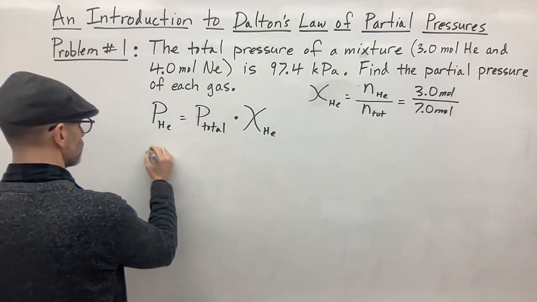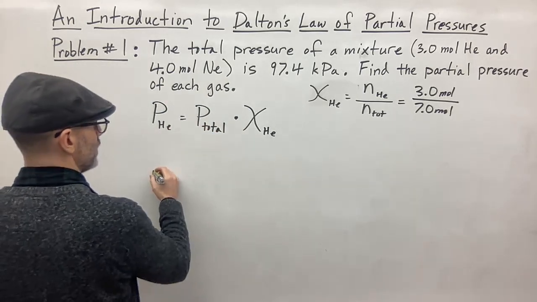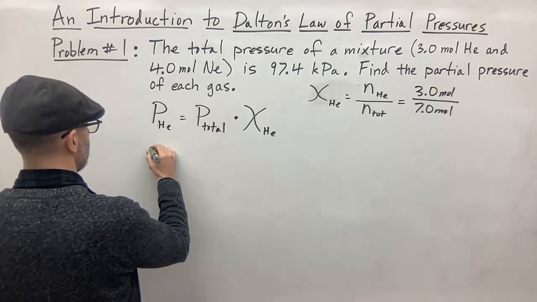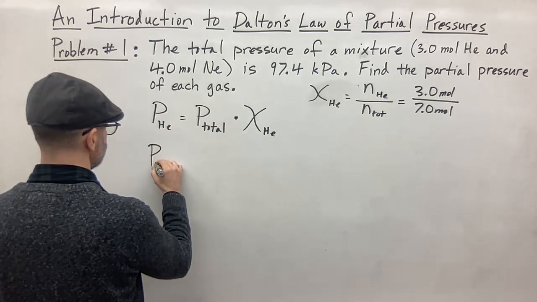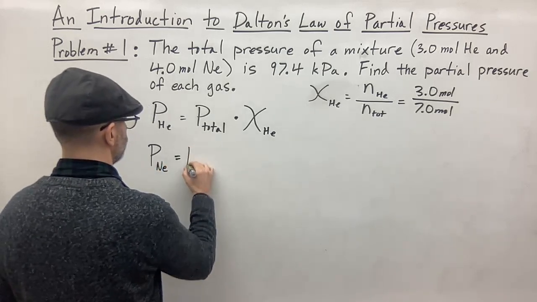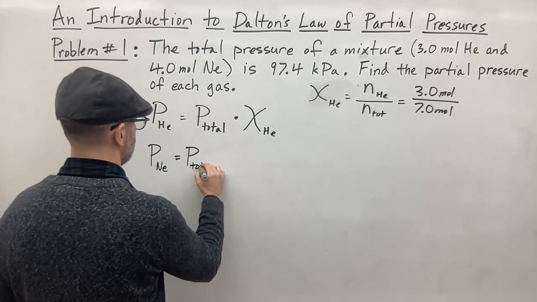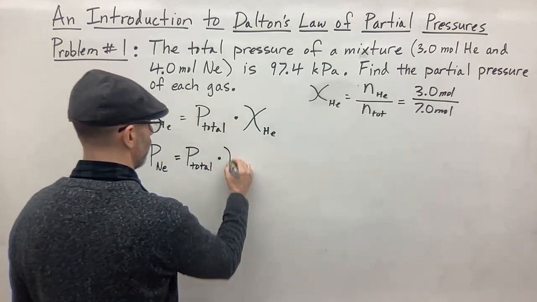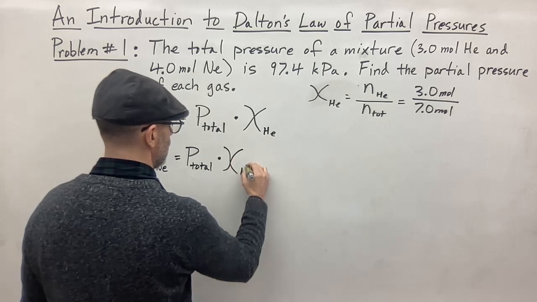We can do the same equation for neon. The partial pressure of neon is equal to the total pressure multiplied by the mole fraction of neon.